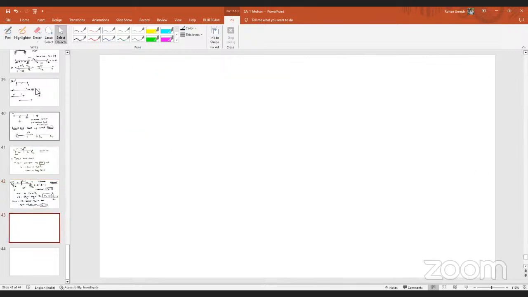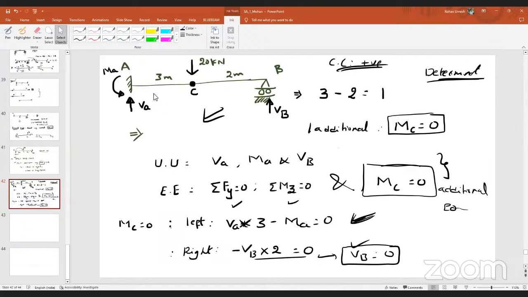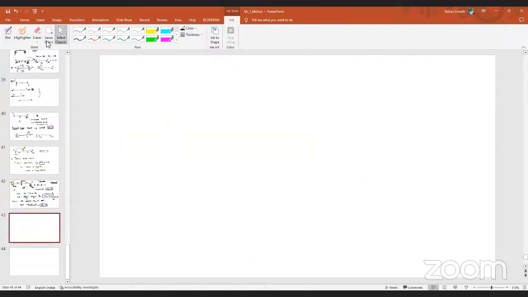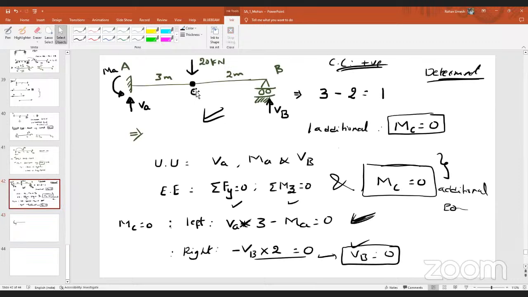Let me give you one more example. Now tell me, I want to draw the free body diagram here itself. What is the free body diagram for AB? There is an unknown reaction and also some moment. How many internal forces should I consider at point C in this case?